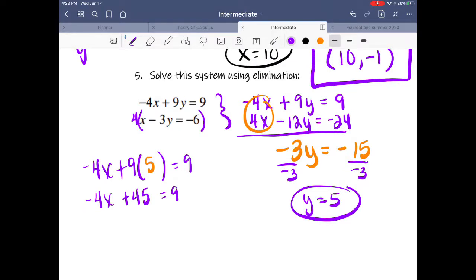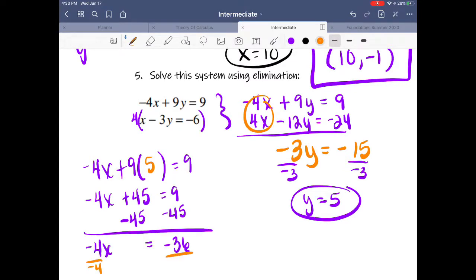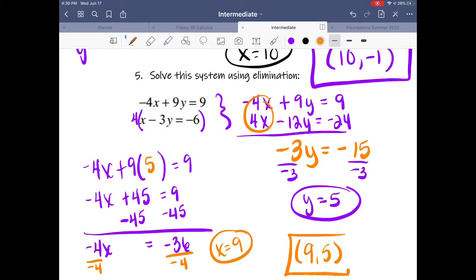I'm slowing down so that you have a minute to work ahead if you want to. And then divide. So x is 9. That means our answer is 9, 5.